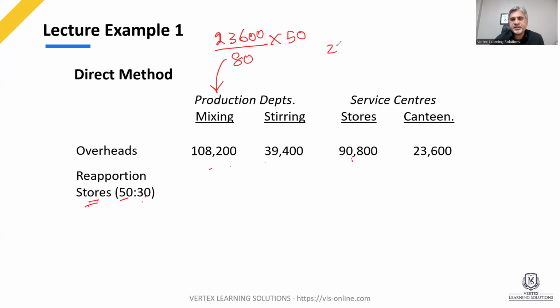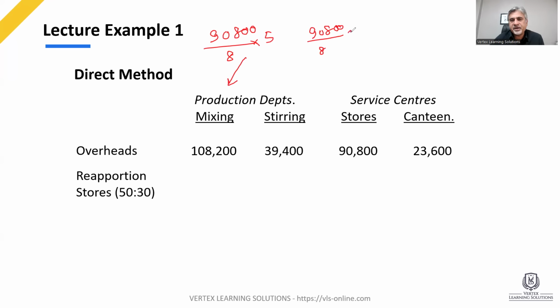And then you should say 23,600 is the cost. Oh, I'm sorry, this is stores. So if it is stores, it should be 90,800 divided by 8 multiplied by 5, and this goes to mixing, and 90,800 divided by 8 multiplied by 3, and that should come to stirring. This is how you divide it based on proportion.